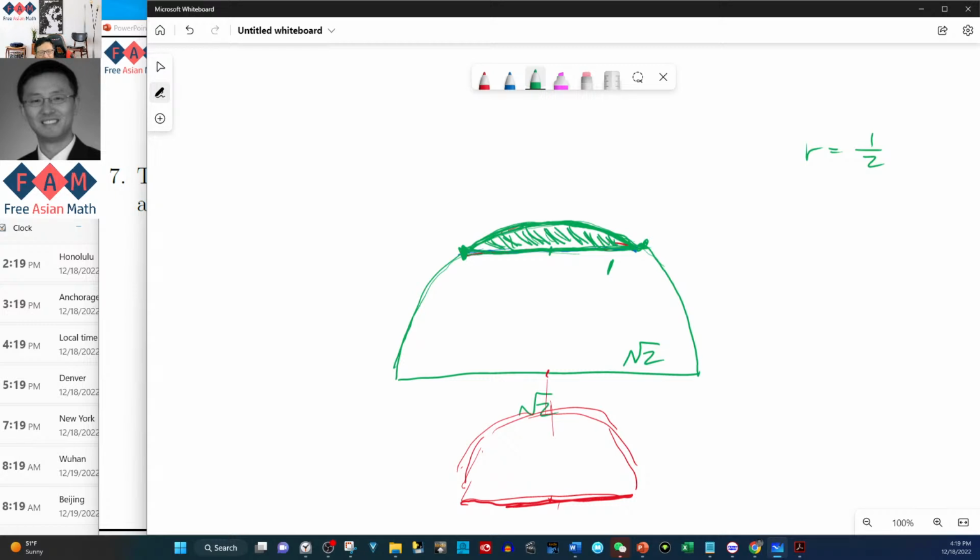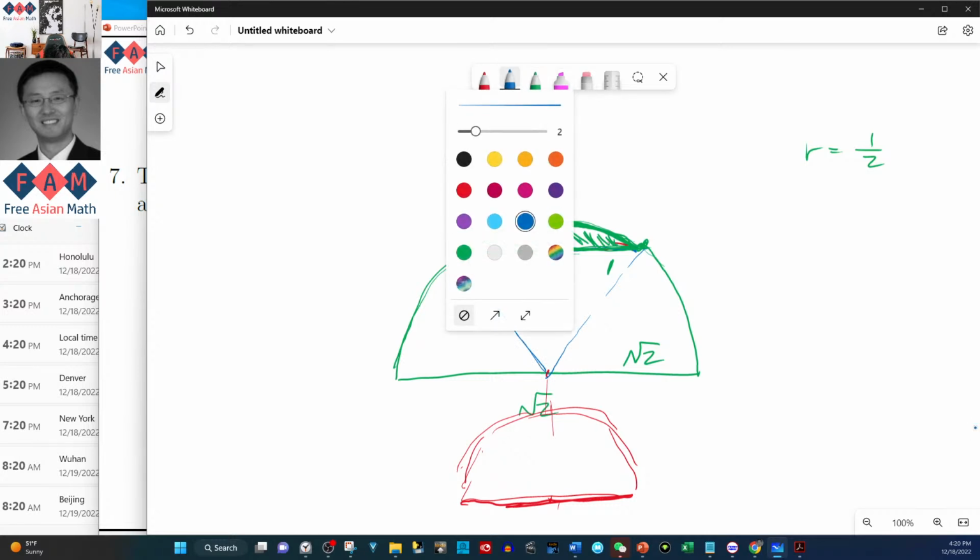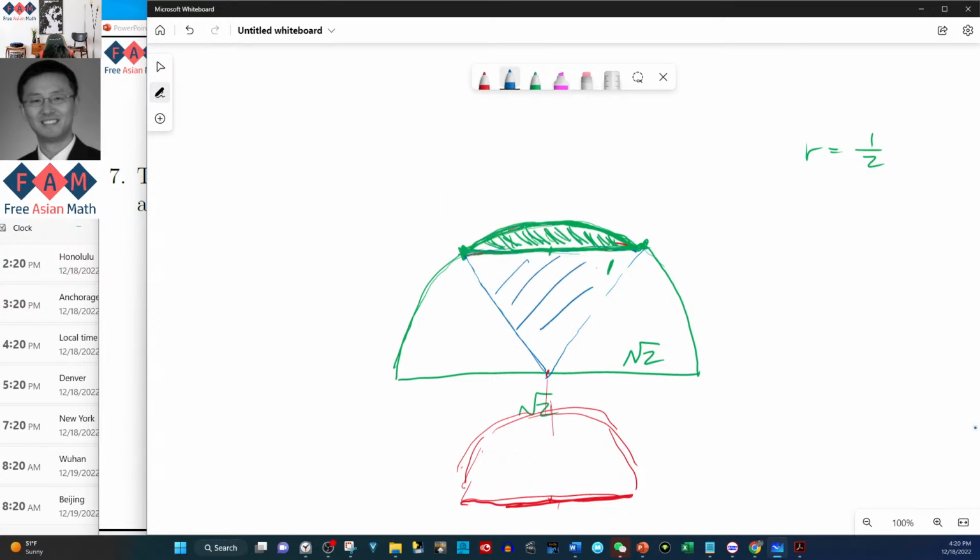So you will naturally think those 2 points should be connected to the center of the semicircle. Now you see what happened. The green shaded area is just the difference between this sector and this triangle, right?